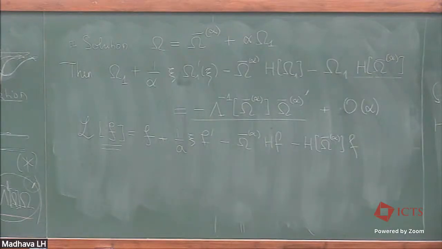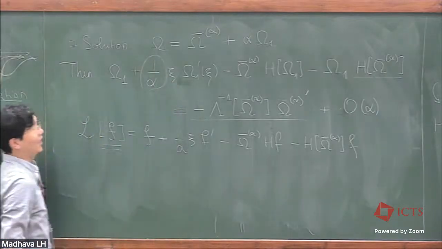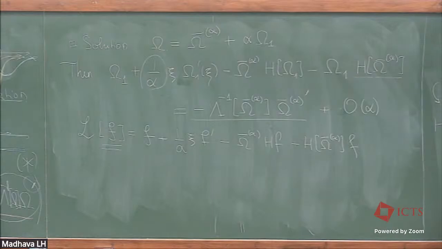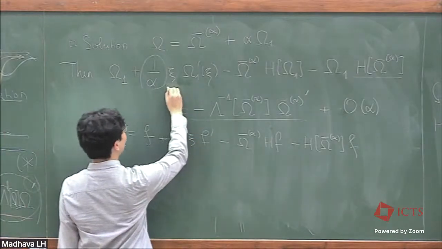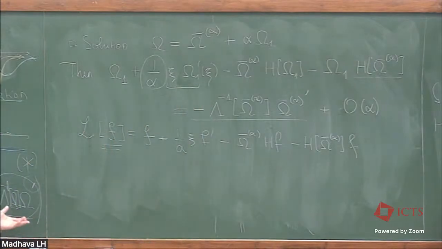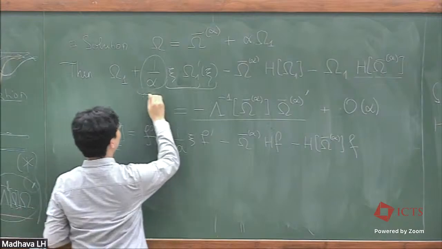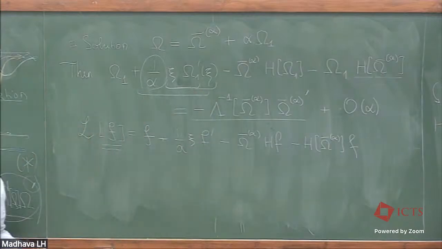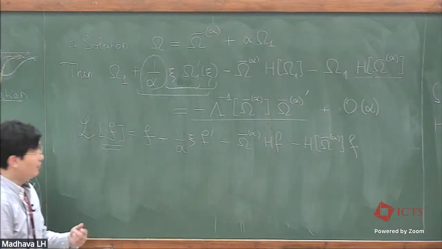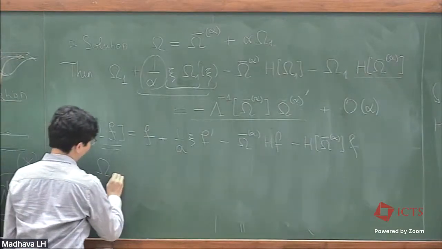There is another question you should ask. This term is order 1 over alpha. Why is it there? It's because it's coming exactly from the same observation that this is transport in the C variable. So this term should be order alpha, so that this is actually order 1. So we make it completely explicit with another change of variables.